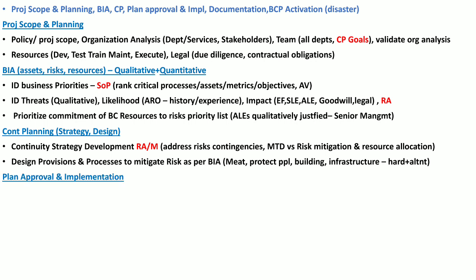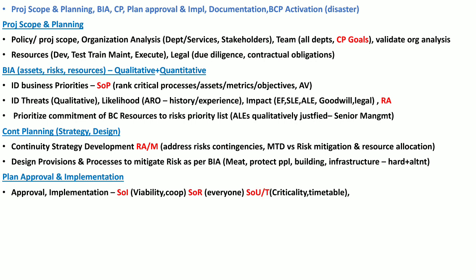Now after developing the continuity strategy and designing the resources or processes, we then get the approval from senior management to implement this business continuity plan. There are certain documents which are required to be produced or signed by senior management.